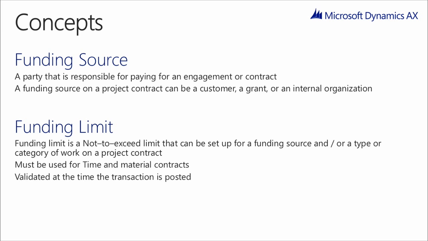And then if it's an internal organization, it is an on-hold funding source, and then you can later redistribute the money sitting in the on-hold funding source to any of the external chargeable funding sources.